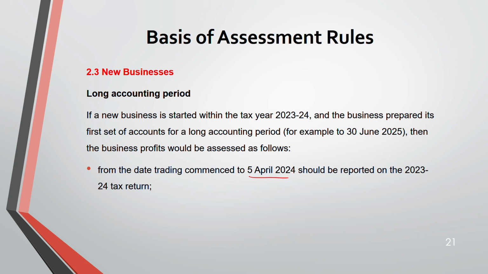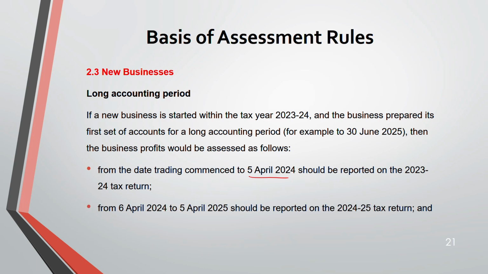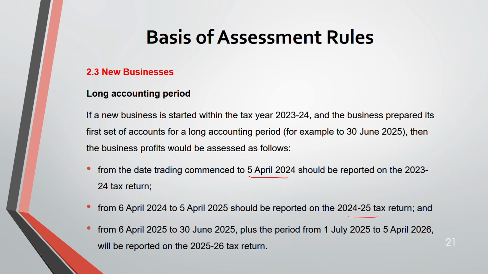This should be reported on the 23-24 tax return. Then from 6th April to 5th April in the 24-25 tax return, and from 6th April 2025 to 30th June 2025, plus the period from 1st July 2025 to 5th April 2026. There are 2 periods that will be recorded in the single tax year.